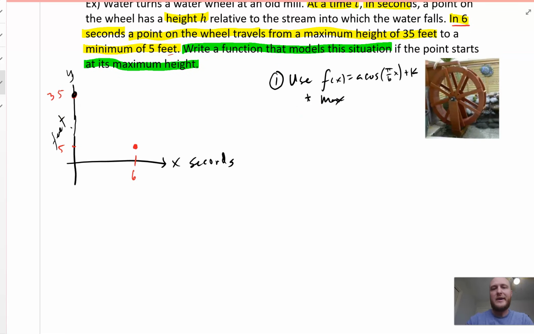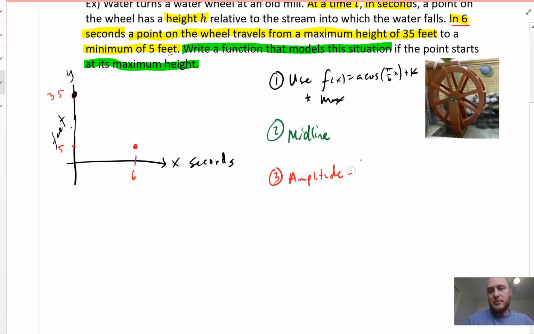Next, we want to determine our midline, but note that that is not given here. You can infer that our minimum is 5, our maximum is 35, so right in between there is going to be the midline. But I want to jump to the amplitude, and we'll come back to this.